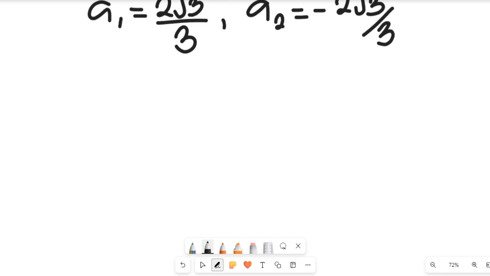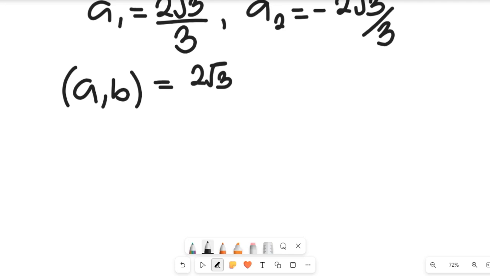We have A, B as the first expression, and that will be equal to 2 root 3 divided by 3, comma, root 3 divided by 3.